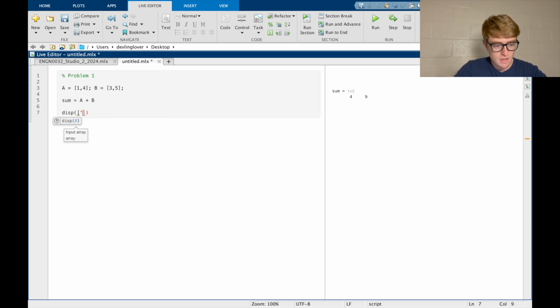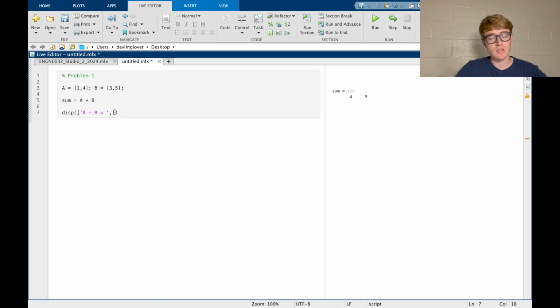So in this case, I want to write something like A plus B equals, and then I want to display the actual result. So remember I said this is an array of strings that this function needs to take in, so we need to convert this numeric value in sum to a string.